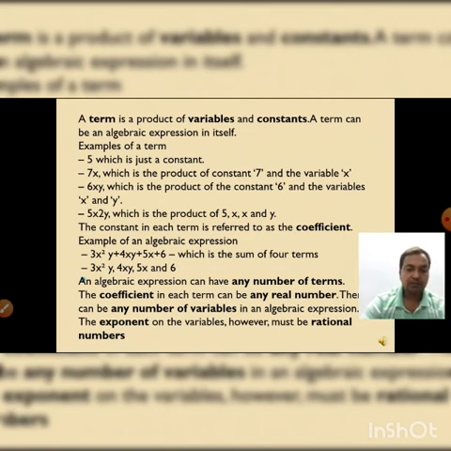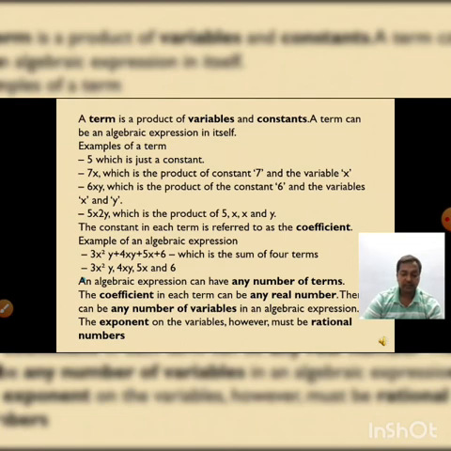A itself is also a term. 7x, which is a product of the constant 7 and the variable x. 6xy, which is the product of the constant and the variables x and y. Another example, 5x square y, which is the product of 5, x, x and y, and so on. The constant in each term is referred to as the coefficient.